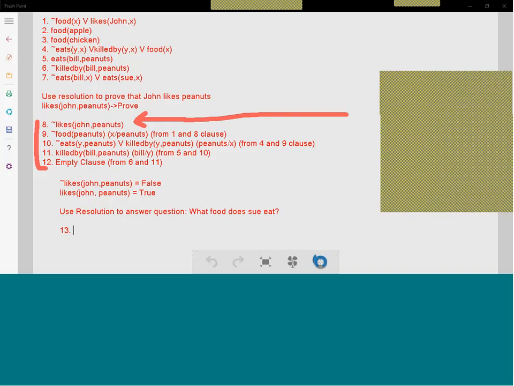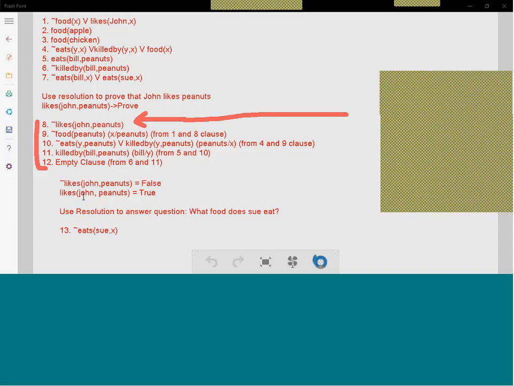We will negate the question statement here. Whatever question is there, we just negate it. So here we will write the negation of Eats(Stew, X). This is the 13th statement.